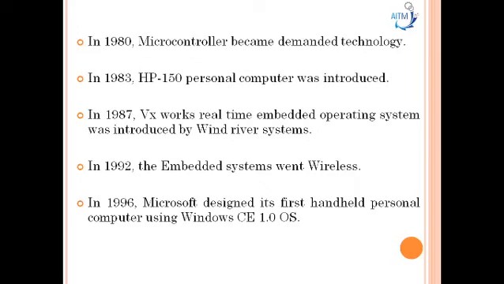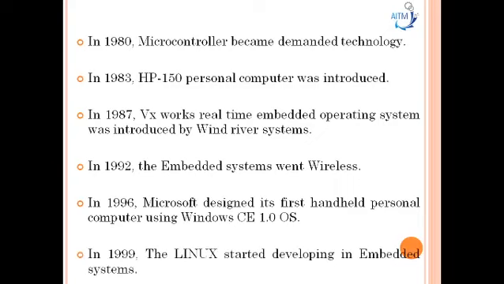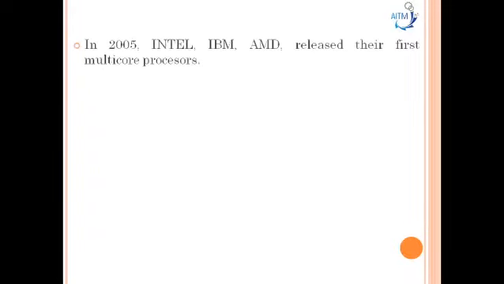Following Windows, in 1999, the Linux Foundation started developing for embedded systems. In the year 2000, a second parallel revolution occurred in embedded systems. And in 2005, Intel, IBM and AMD released their first multi-core processors.